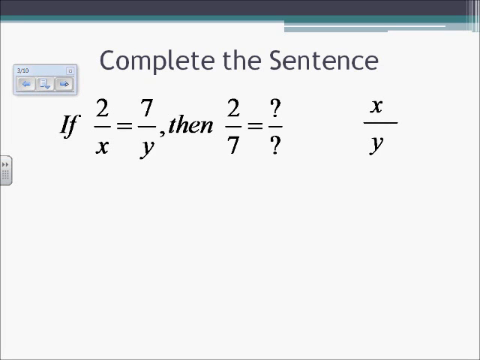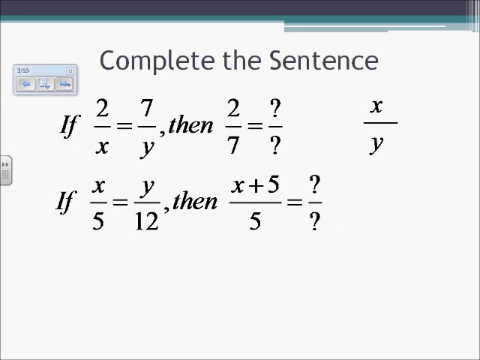Using the first statement: if a over b is equal to c over d, then a over c is equal to b over d. So we just flip those around.